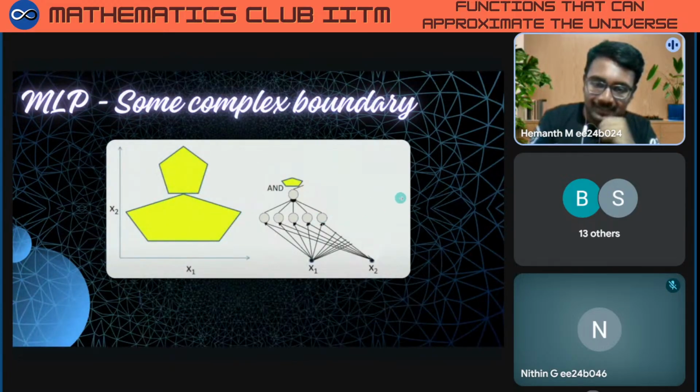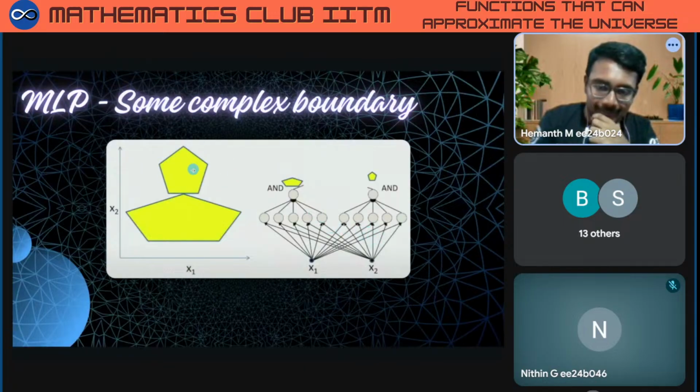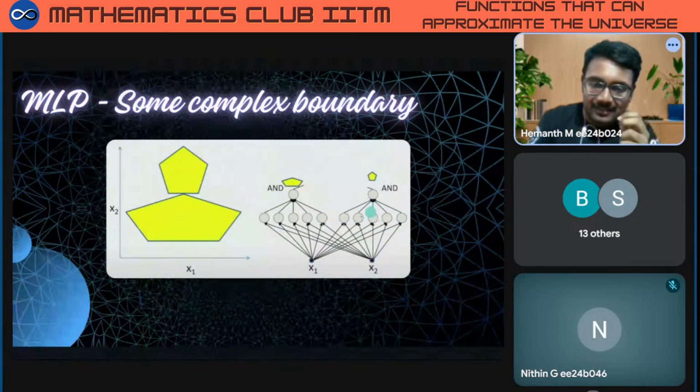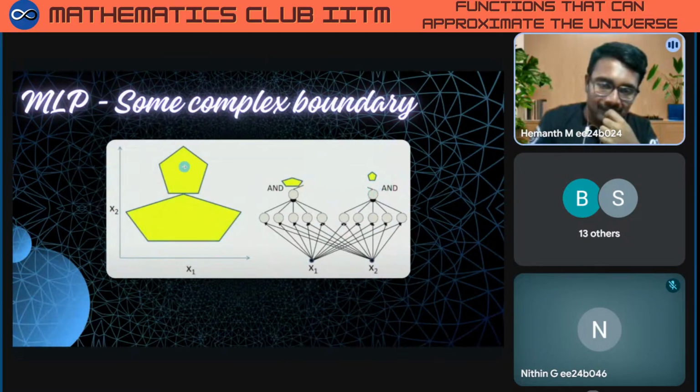Now we can extend the same argument with another set of 5 perceptrons and tell them to learn these 5 edges, and when all of them say that I'm inside this, we take the AND of them. The output of this particular perceptron will be 1 when I'm inside this pentagon, and this will be 1 when I'm inside this pentagon.